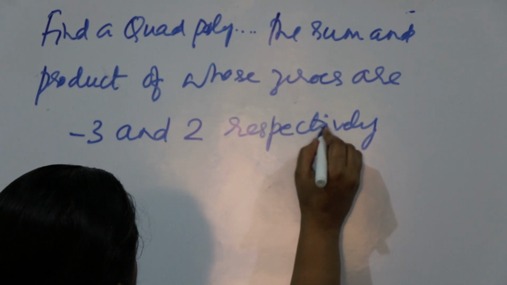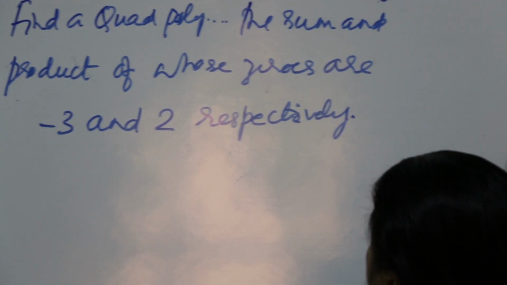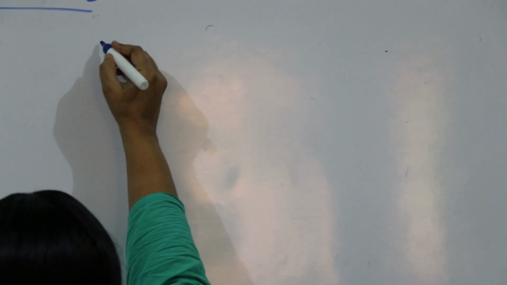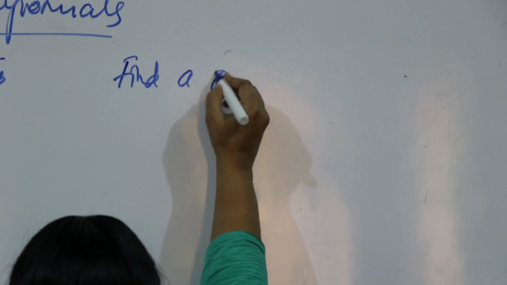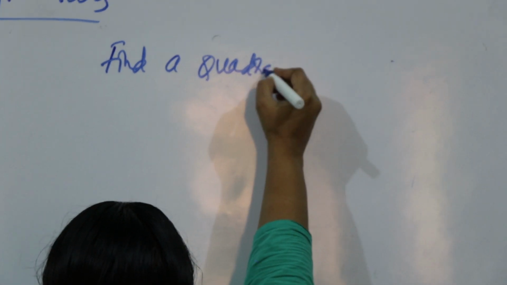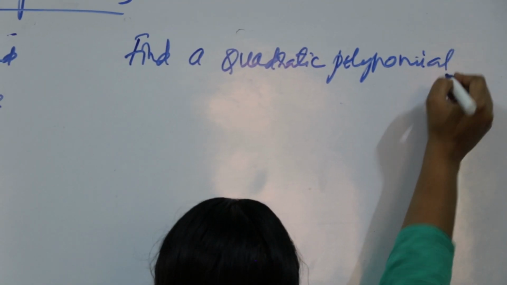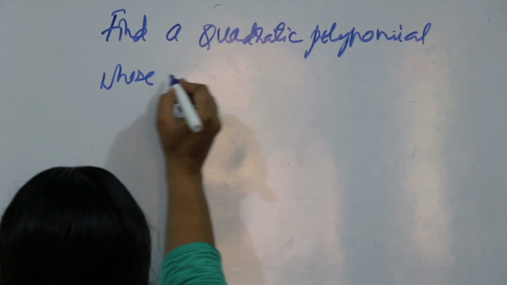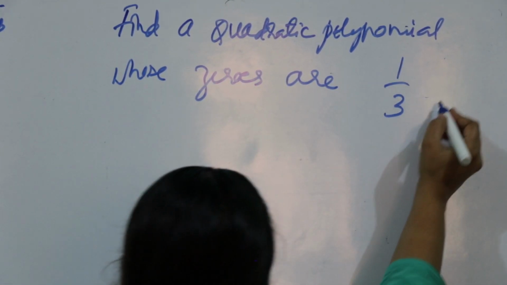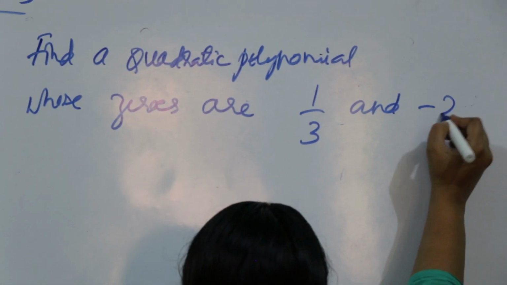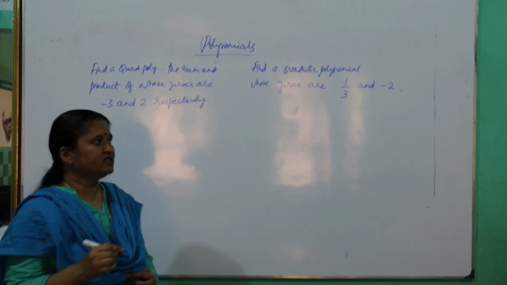This is one kind that you get. And another kind of problem for which we use the same equation: find a quadratic polynomial whose zeros are 1/3 and -2. See, they appear to be the same, but they are not the same.